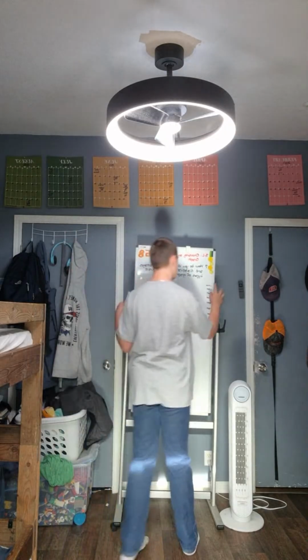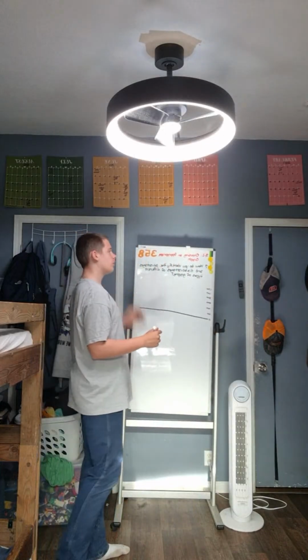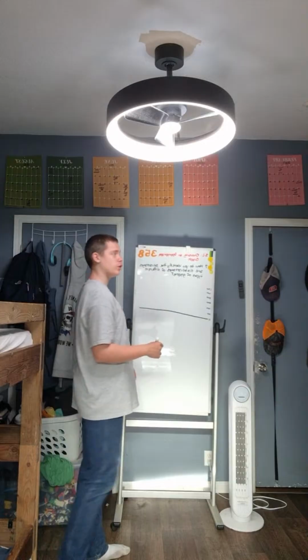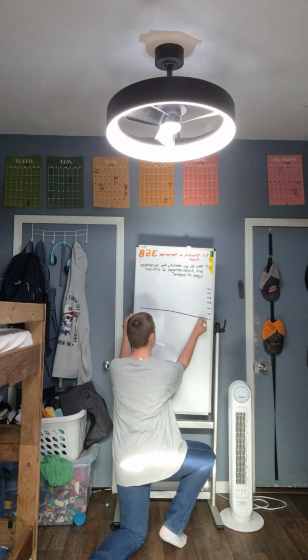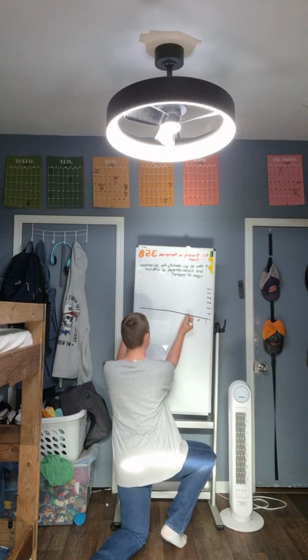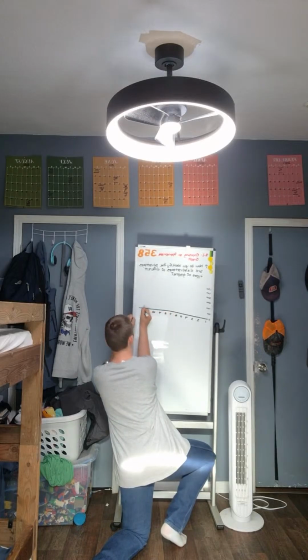I normally go up to 1,400. And then I put numbers from 1 to 12 for each month of the year. So January, February, March, April, May, June, July, August, September, October, November, December.